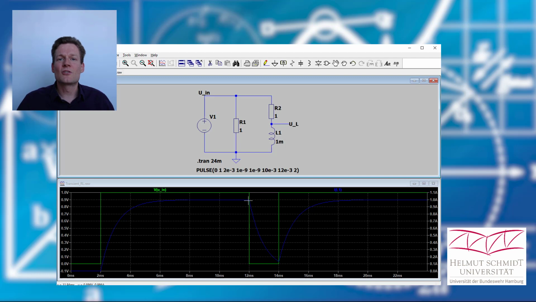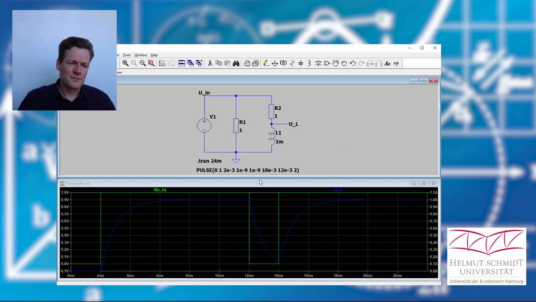And when we switch off our circuit, the current does not disappear rapidly, but it smoothly decreases. And then when we switch on the voltage again, the current increases again, but smoothly and not rapidly. And in the end, it reaches the 1 ampere value we expected from it.